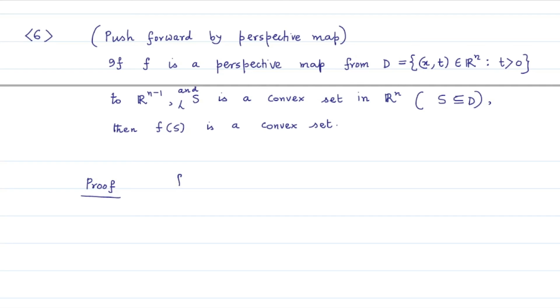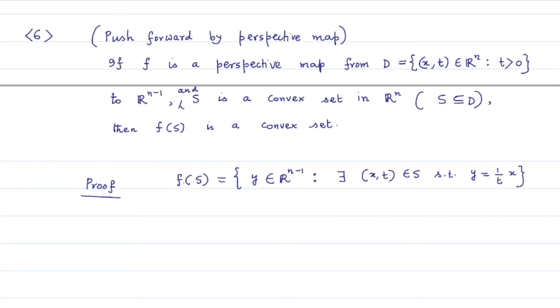Note that the set F(S) is given by the collection of all points, say y's, in R^(n-1), for which there exists a point (x, t) in the set capital S, for which f of (x, t) is equal to y. That means y is equal to 1 by t times the vector x.